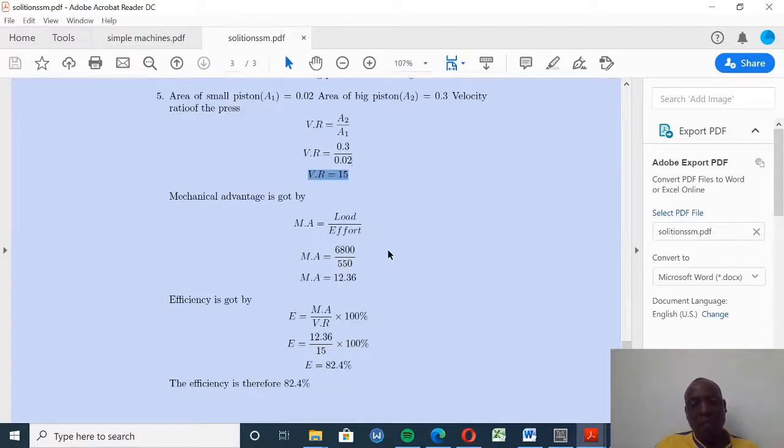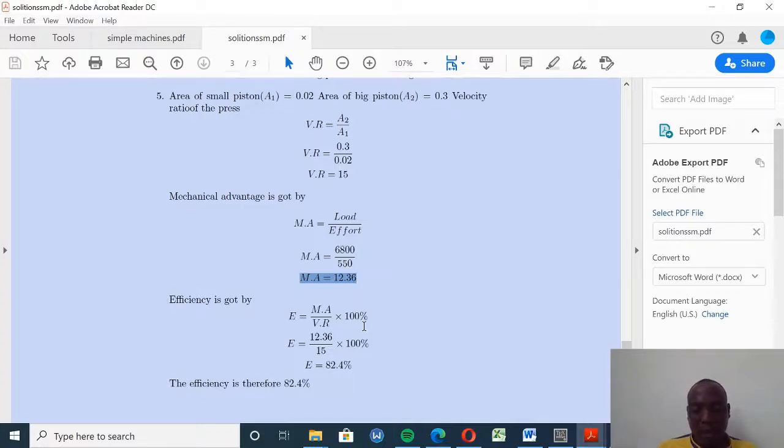With the effort equal to 550, mechanical advantage is equal to 6,800 divided by 550. This gives us a mechanical advantage of 12.36.